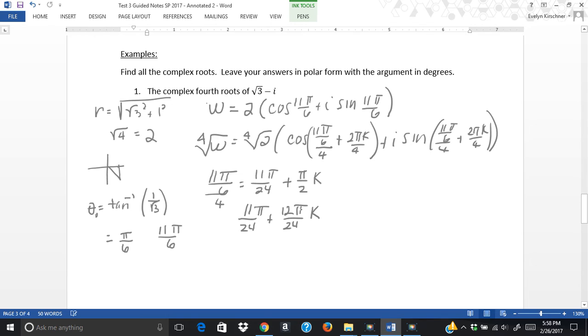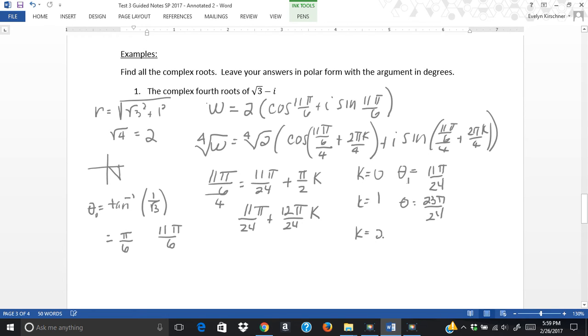Now I can find my angles. So when k is 0, my theta is 11 pi over 24. When k is 1, my theta is 11 plus 12, or 23 pi over 24.